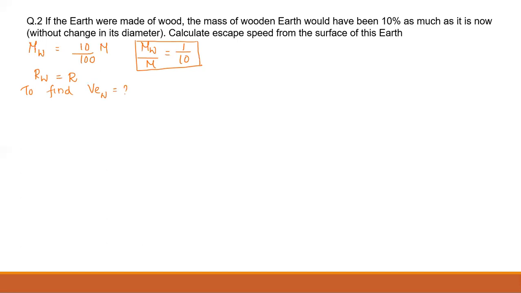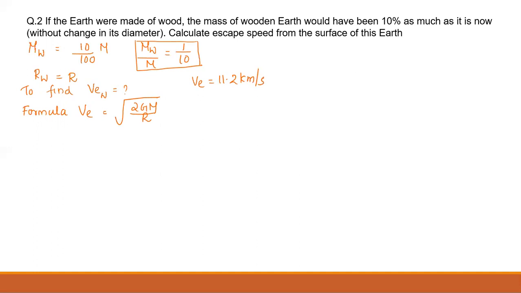Okay, we know that the formula for escape velocity is equal to under root 2GM upon R. This is escape velocity of the Earth. And the value of escape velocity of Earth is 11.2 kilometer per second.